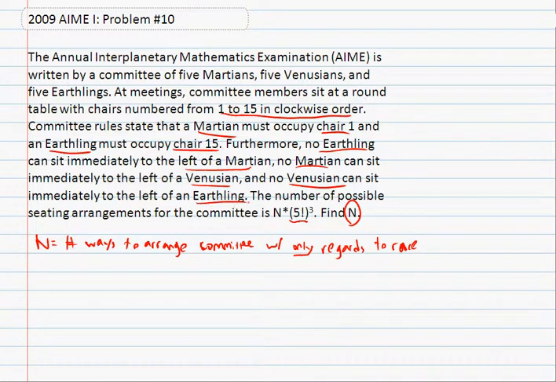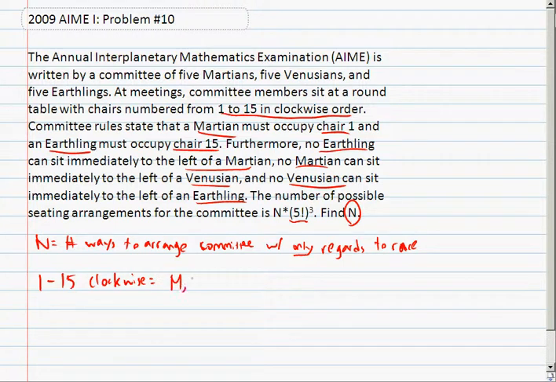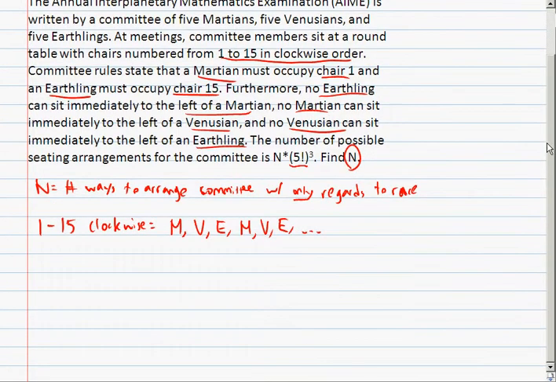That means from chair 1 to chair 15 clockwise, the seating of all the races must go in the following order: Martian, Venusian, Earthling, Martian, Venusian, Earthling, and so on until we get to chair 15, which must be occupied by an Earthling. So let's proceed by doing some casework here.